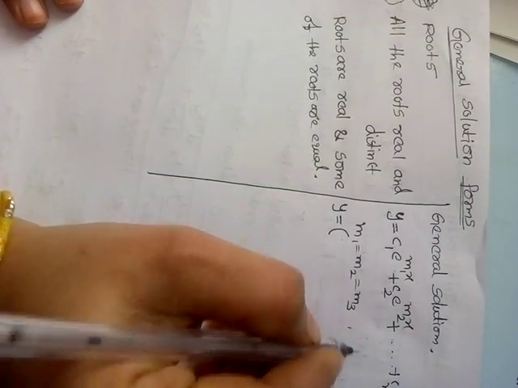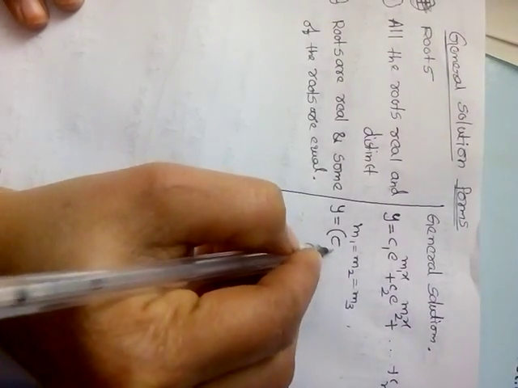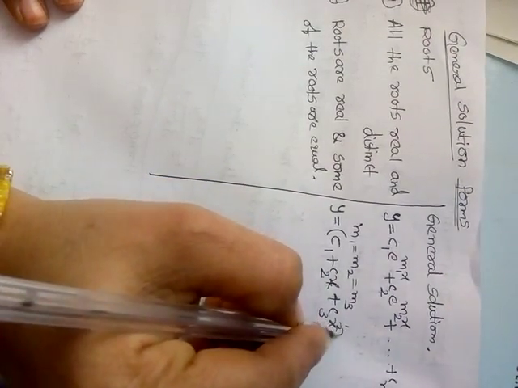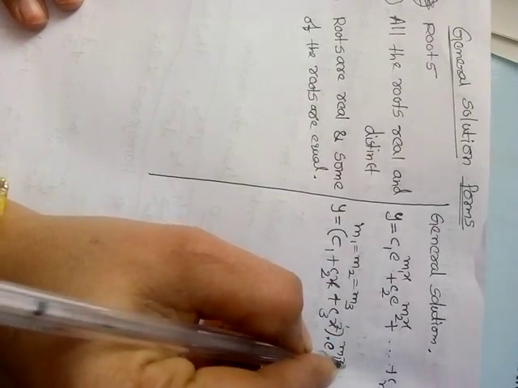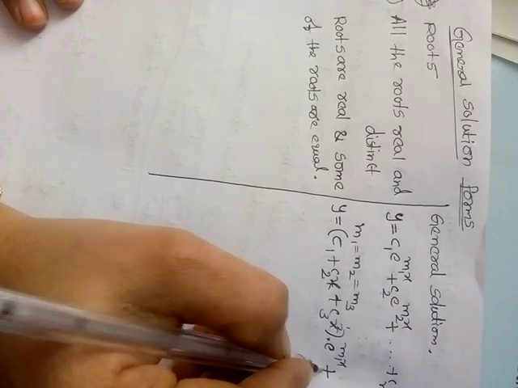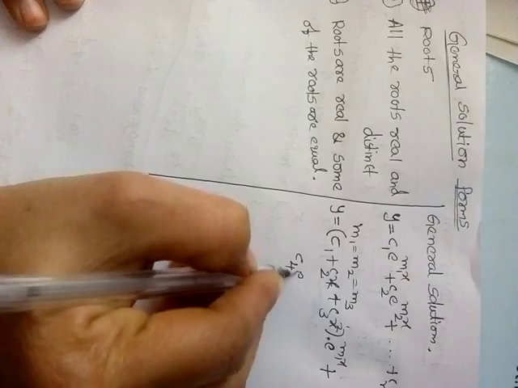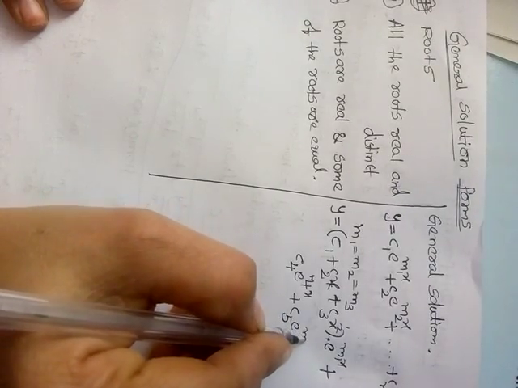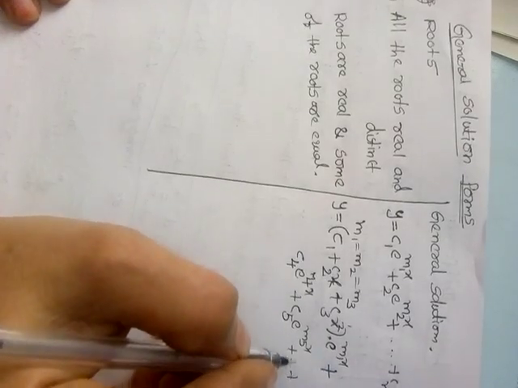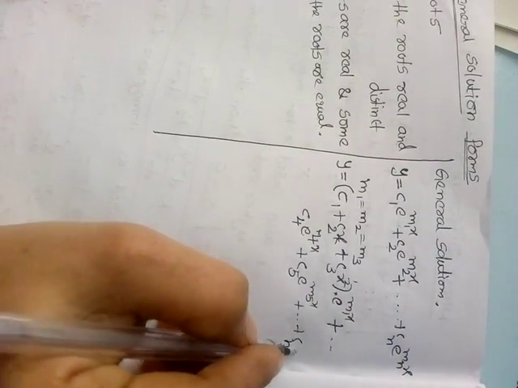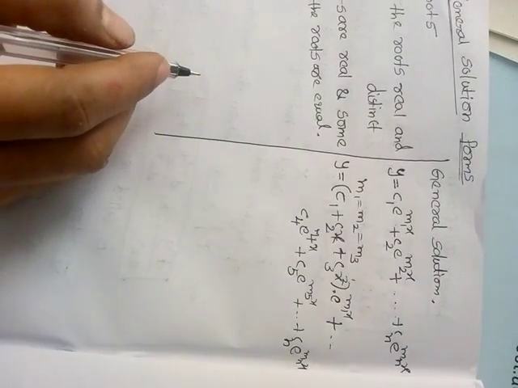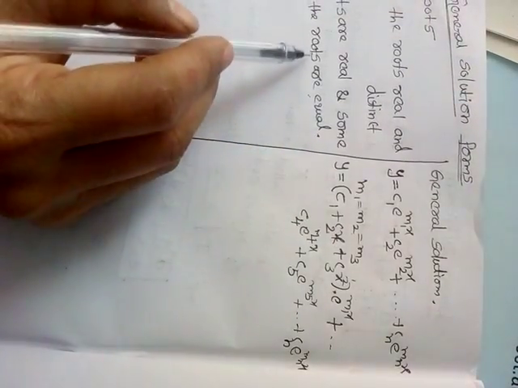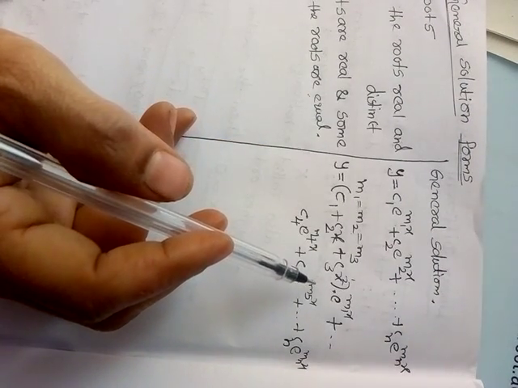Then y = (c1 + c2 x + c3 x^2) e^(m1 x) + c4 e^(m4 x) + c5 e^(m5 x) + ... + cn e^(mn x). If the roots are real and some are equal, with the remaining roots different, then we take the general solution in this form.